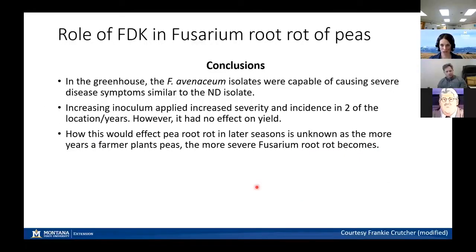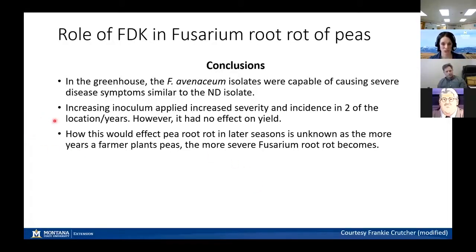And so this is a very short summary of a very extensive study that she conducted. But what are some conclusions from the study that I want you to keep in mind and think about a little bit? In the greenhouse, she could show that Fusarium avenaceum isolates that she obtained from Fusarium head blight fields were actually capable of causing severe disease in pea plants.